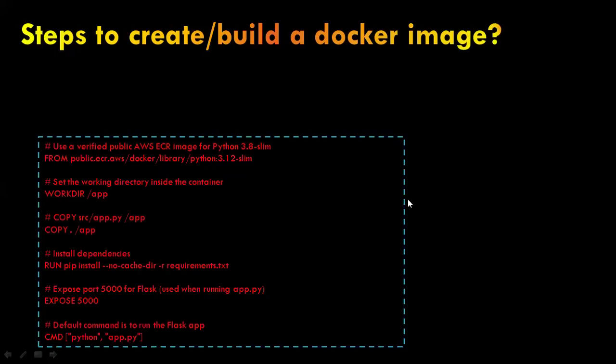They are the ones who will help you come up with the Dockerfile content. So in this case, I have used a Dockerfile which has these contents in it. You have something like FROM public ECR. See here, what I did: instead of using the Docker bundle, I'm using our AWS public ECR, colon python:3.12-slim. This is very, very important, guys.